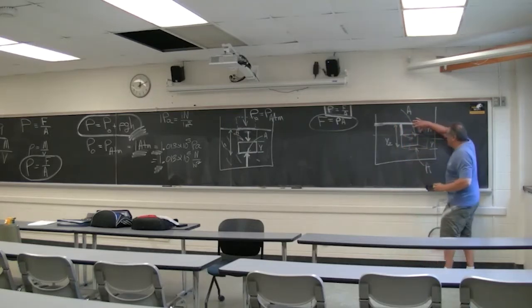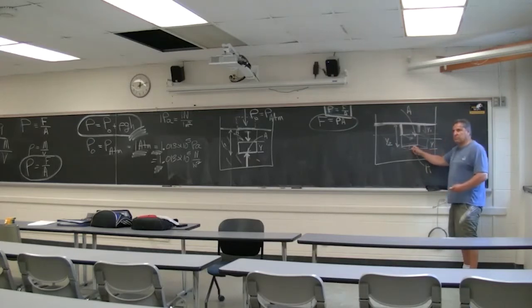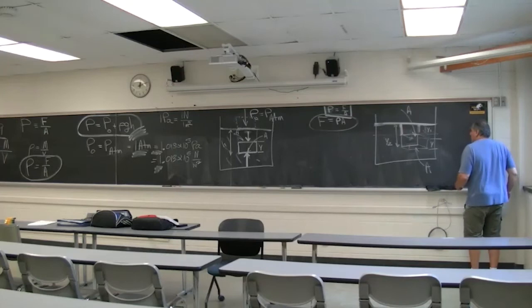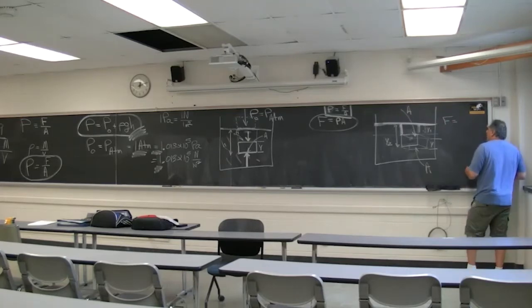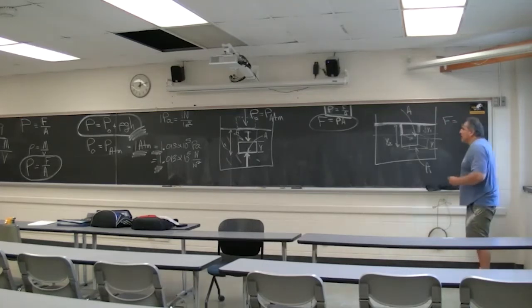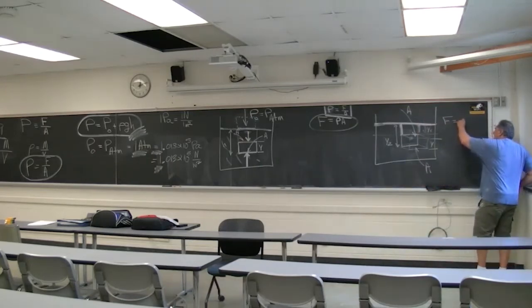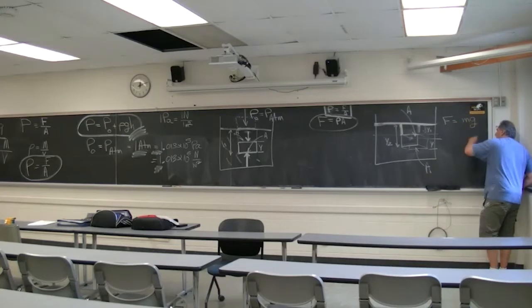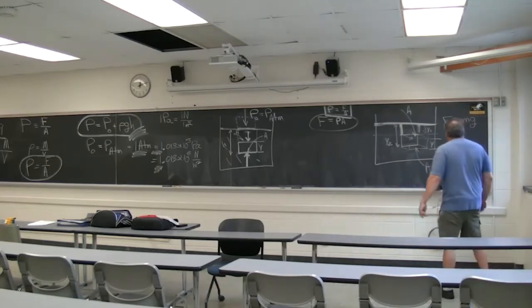There's a whole rectangular box of water on top of this rectangular box. Great. So what? The force the water exerts is the weight of the water, period. It's the mass of the water, times g.